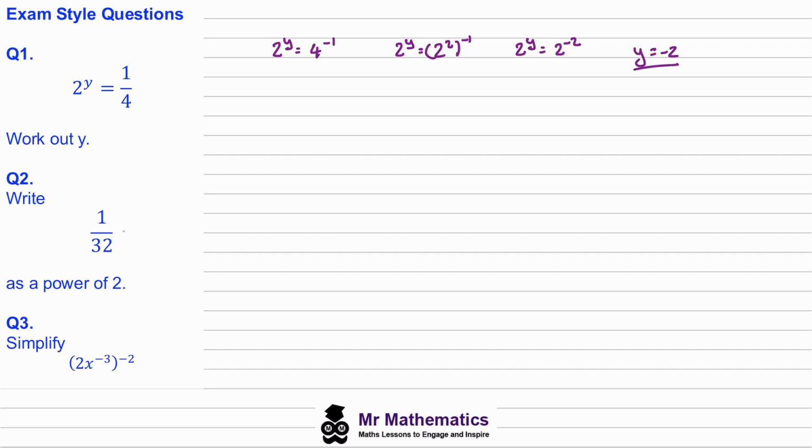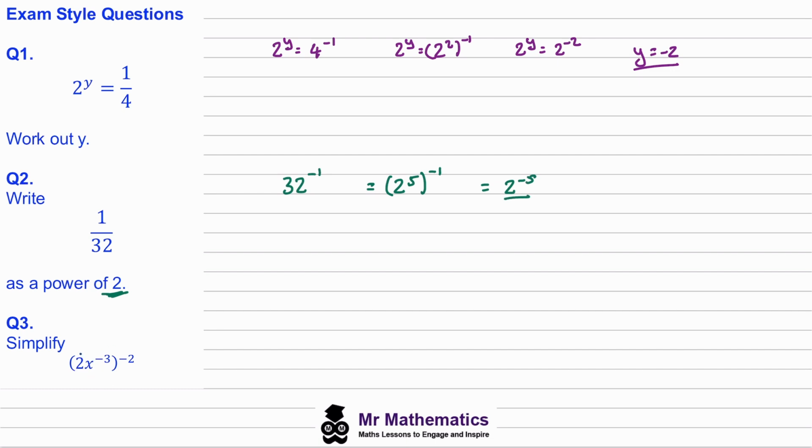And then for question 2, we can write 1 over 32 as 32 to the power of -1. And as a power of 2, well, 32 is the same as 2 to the power of 5, which we're raising to a -1. We'll multiply these powers together, and we get 2 to the -5.